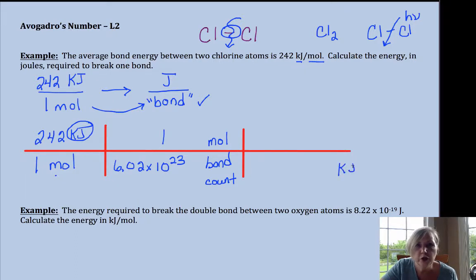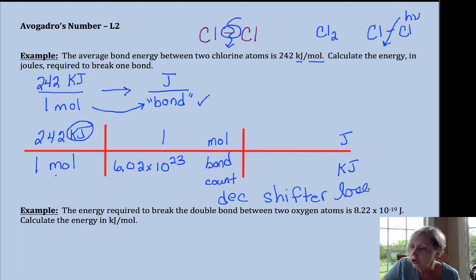Now I want to do the numerator. I have kilojoules. That's pretty straightforward. I will tell you, though, that if you tend to be a decimal shifter, caution. I was grading the AP test, and decimal shifters tend to lose points. For one, you need to show all work leading up to your final answer in order to get credit. 2, I can't tell you how many times kids who are so bright shift the wrong way.